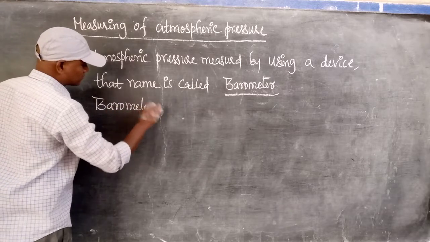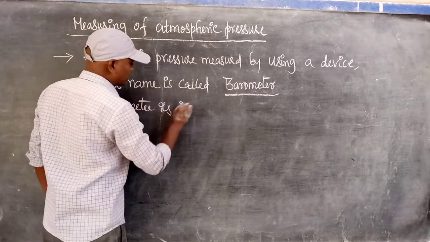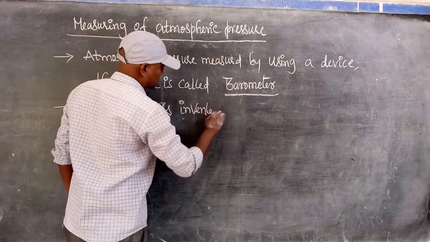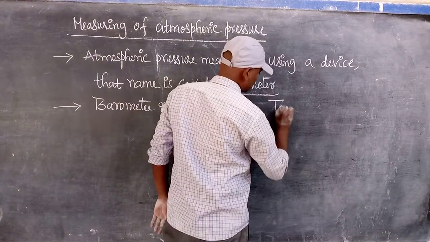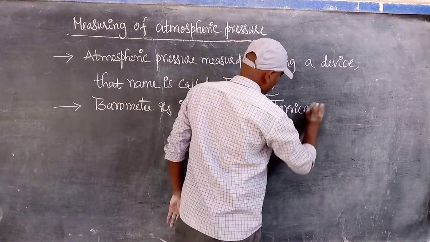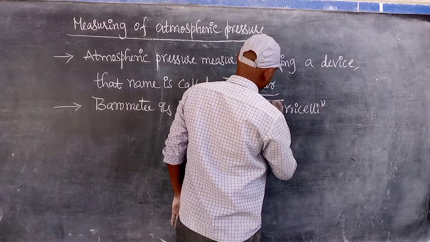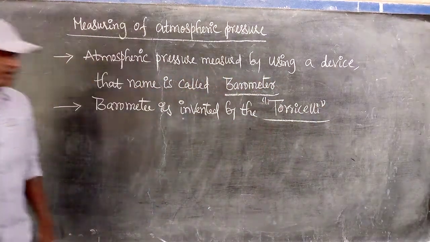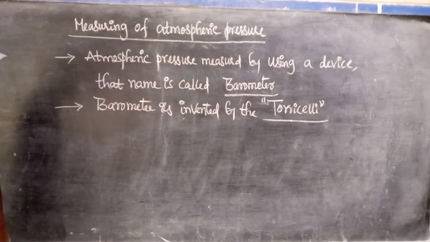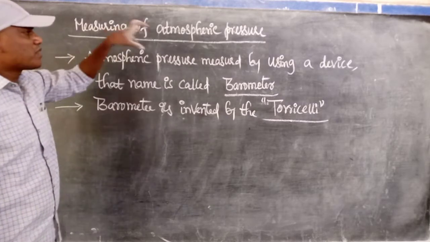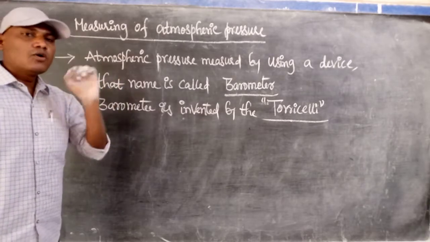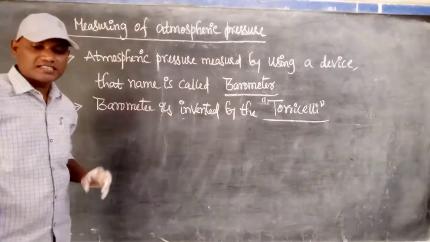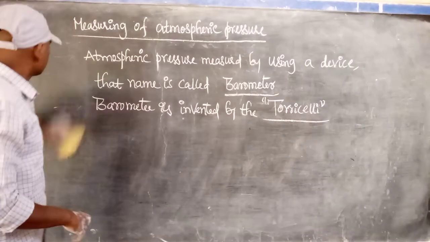The barometer was invented by the scientist Torricelli. So listen very carefully. Atmospheric pressure is measured by using a device called the barometer. Who invented the barometer? The scientist Torricelli invented the barometer.